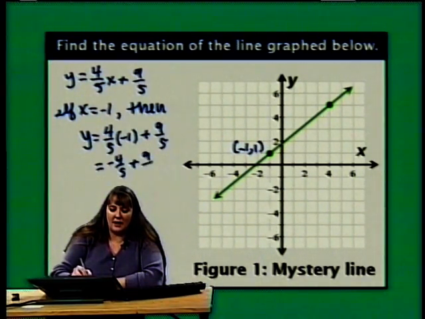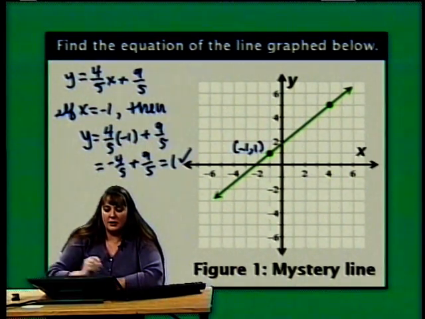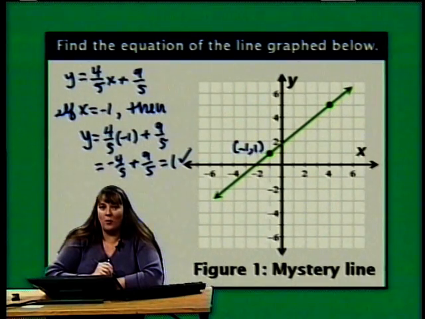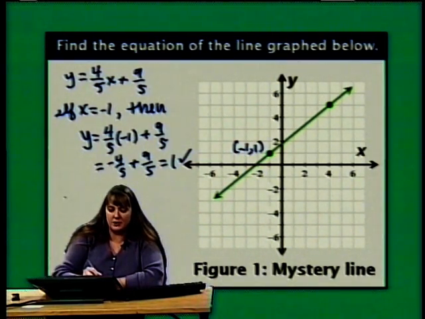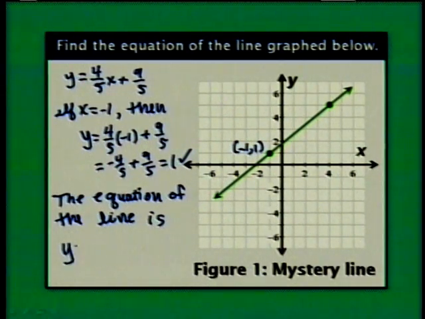When I add that to 9/5, I get 5/5, which is indeed 1. So this checks. The point -1, 1 is a solution to this linear equation. So I can go ahead and write my conclusion. The equation of the line is y equals 4/5 x plus 9/5.